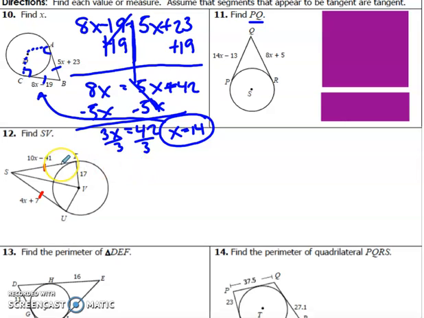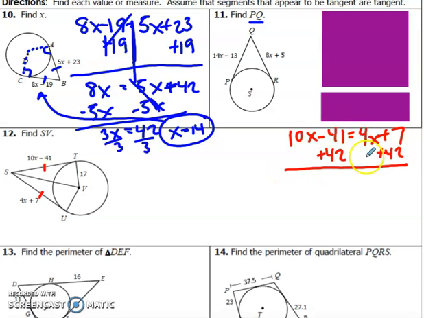Okay, so first off, I'm going to go ahead and solve for x because these two pieces are equal. So let's say 10x minus 41 is going to equal 4x plus 7. Let's add 41 to both sides. Don't know why I did 2.